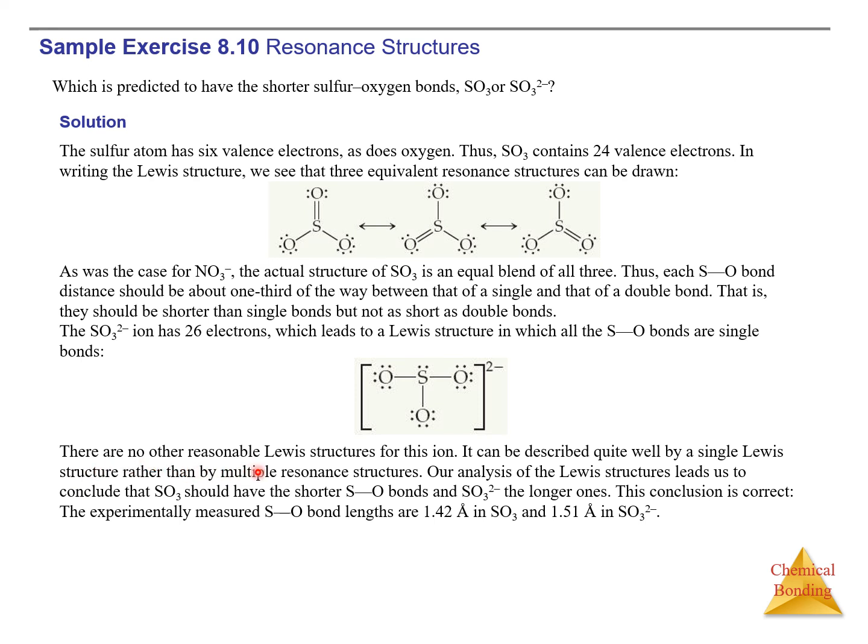There are no other reasonable Lewis structures for this ion. It can be described quite well by a single Lewis structure rather than by multiple. Our analysis of the Lewis structures leads us to conclude that SO3 should have the shorter S-O bonds, and that SO3 2- the longer ones.